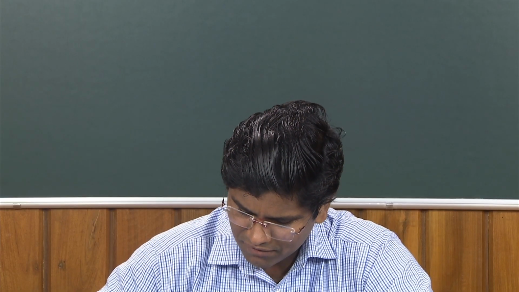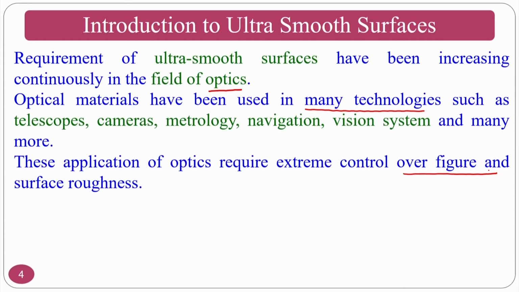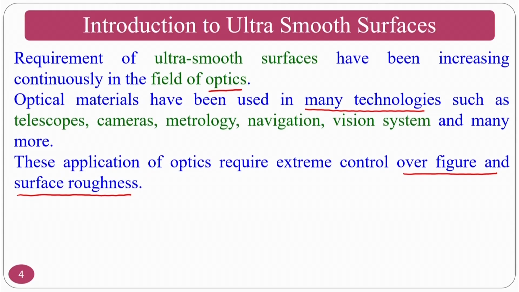These applications of optics require extreme control over the figure as well as the surface roughness. For roughness, obviously you know the center line average value, or RMS value, or maximum peak to minimum value. At the same time you require the figure. Figure means you need certain sculptured structures.